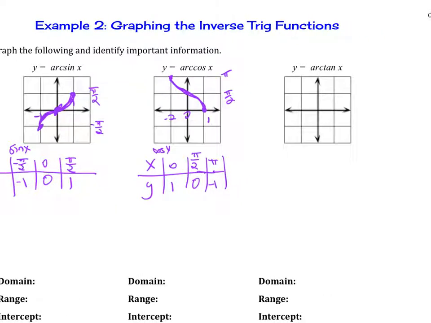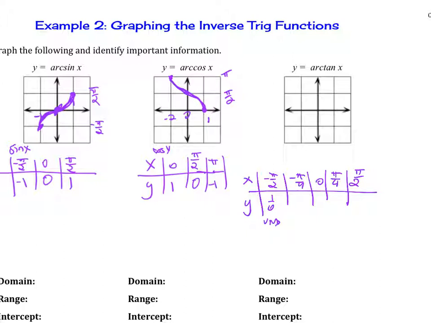Then arc tangent. Let's think about those possibilities. Let's look at negative pi over 2, negative pi over 4, 0, pi over 4, pi over 2. If this is x and this is y, at negative pi over 2 that's 1 over 0, which is undefined. Then at negative pi over 4, we're at negative 1. At 0, tangent of 0 is 0.